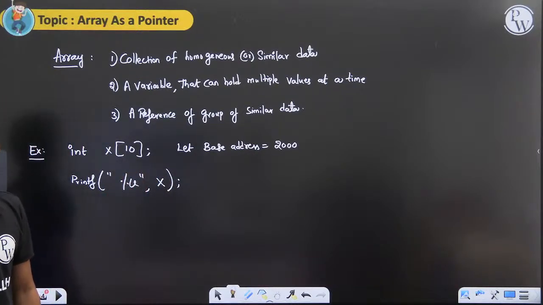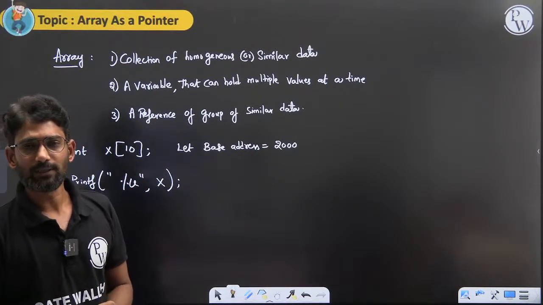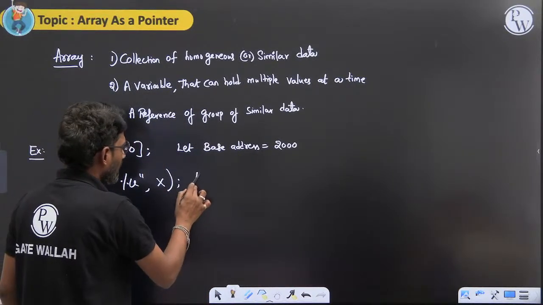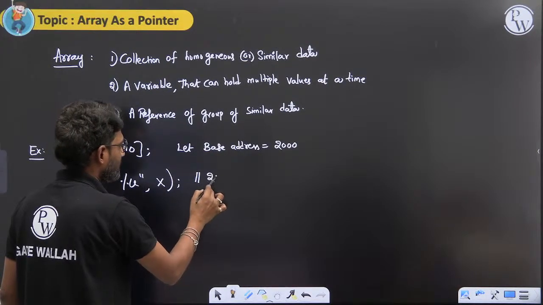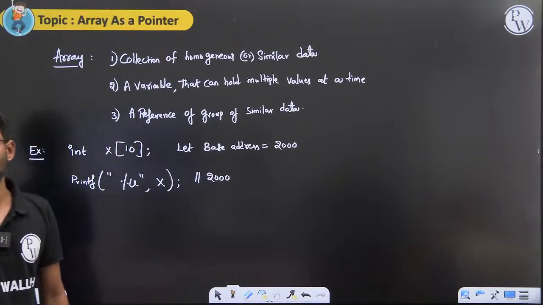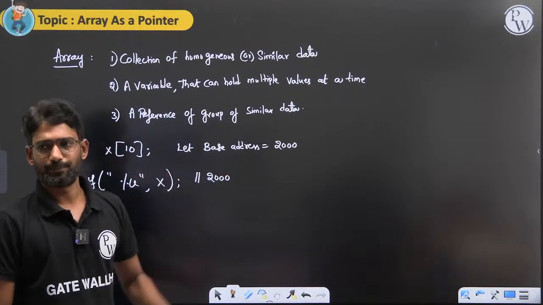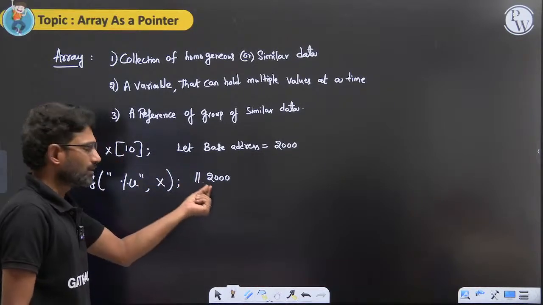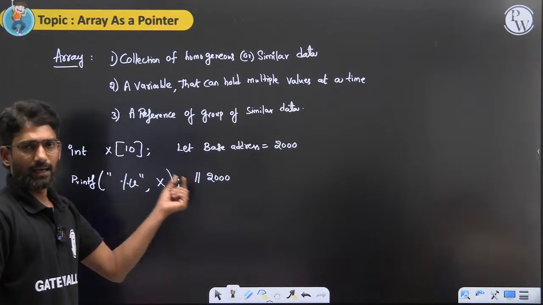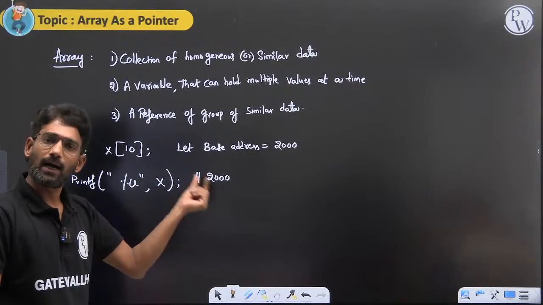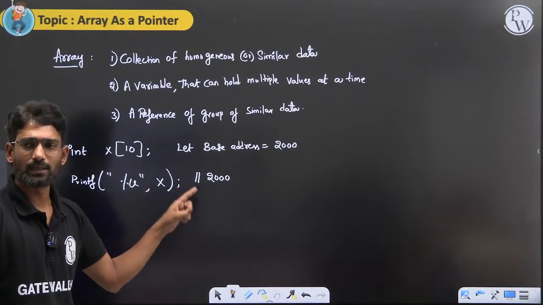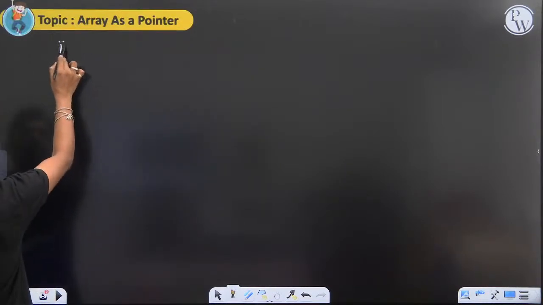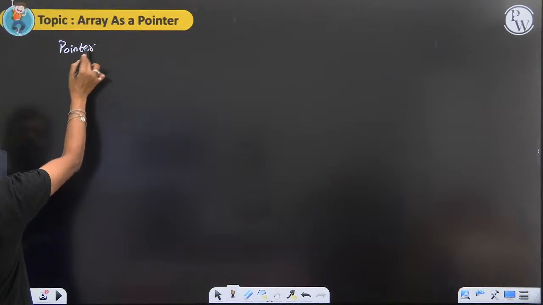The name of the array indicates the base address. So I will get the base address, and as I have assumed the base address as 2000, it will print 2000. That means the array name has what? Address. Right?